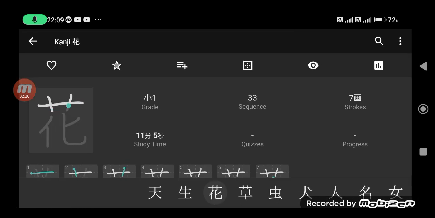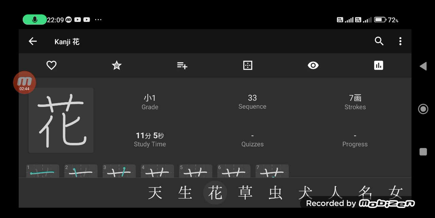Well, before we dive into the in-depth details, let's go first to this kanji here.